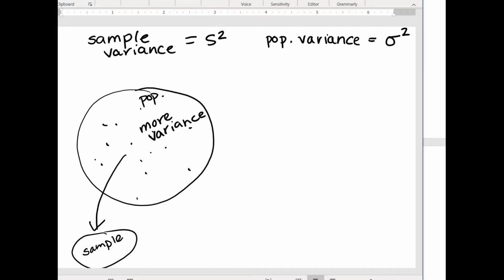Because we have more people, more data, more differences. Which do you think we're likely to see more differences in? A group of 1 million or a group of 100? I would put my money on 1 million, because there's just so much more. There's probably more differences in that bigger group than in the smaller group.